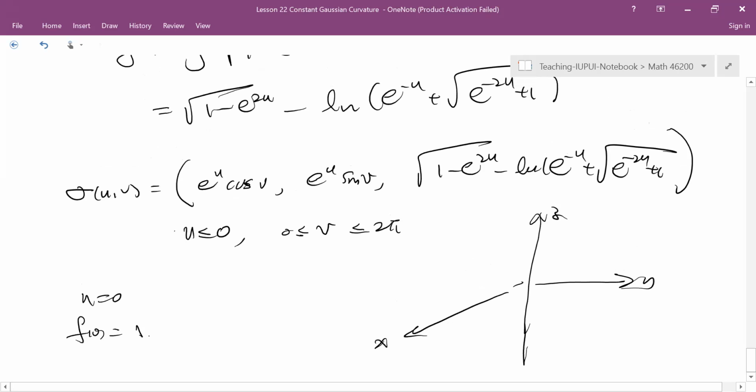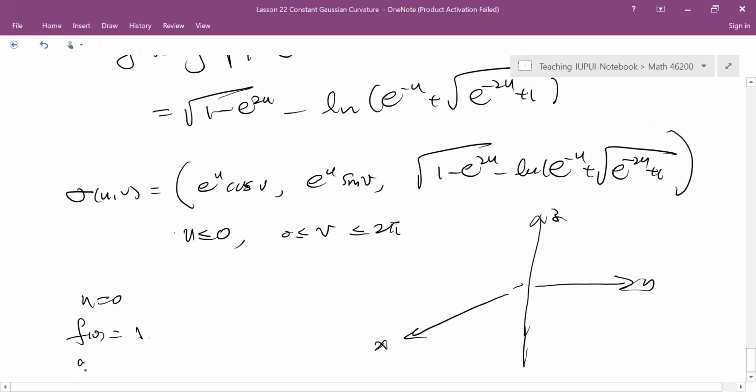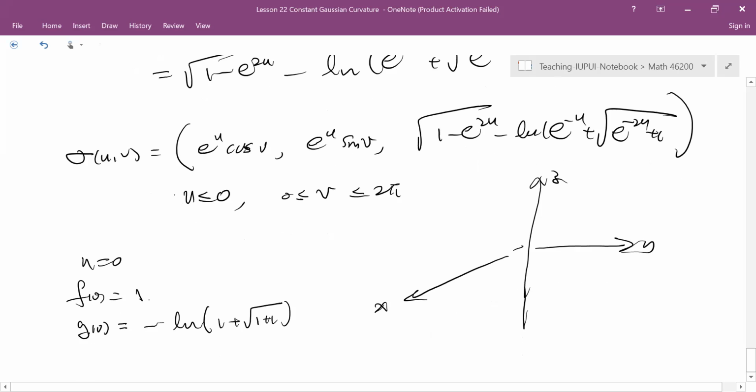And what is the g? The g value, when u equals 0, this term is a 1, natural log of 1 plus 1 plus 1. So it's a number, right? It's a negative number.